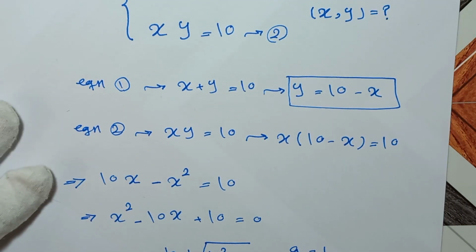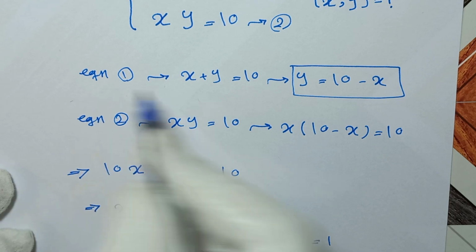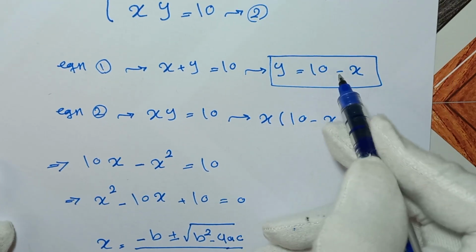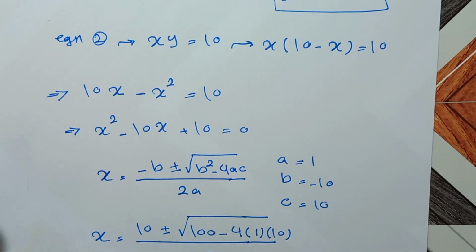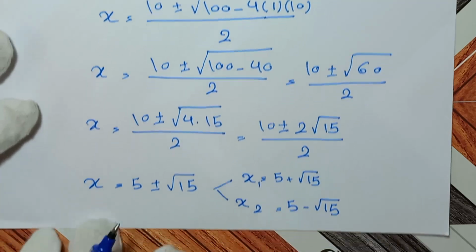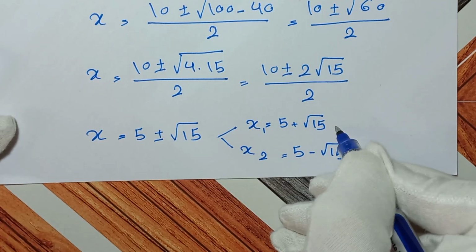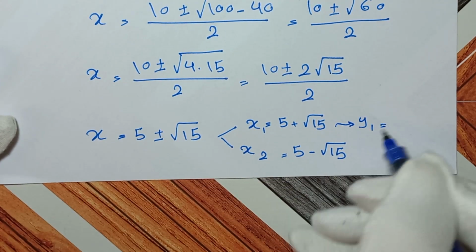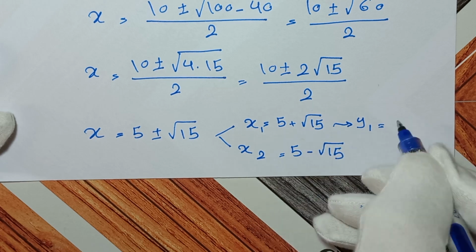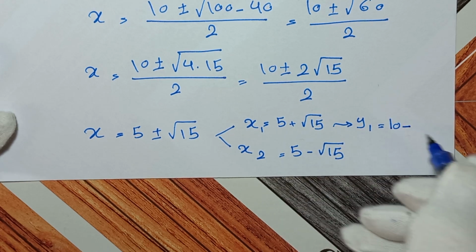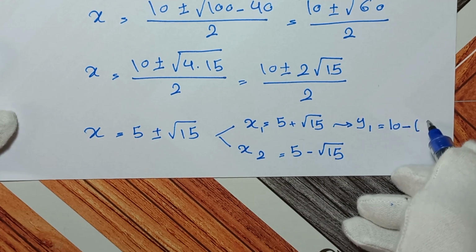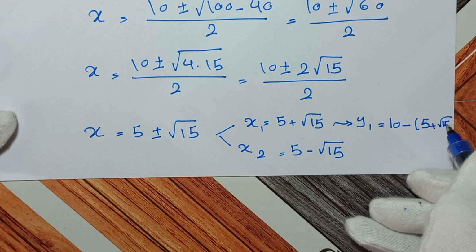So, y from this equation is 10 minus x. So, y1 is 10 minus this, so it will be 10 minus x. x is 5 plus square root of 15, right?